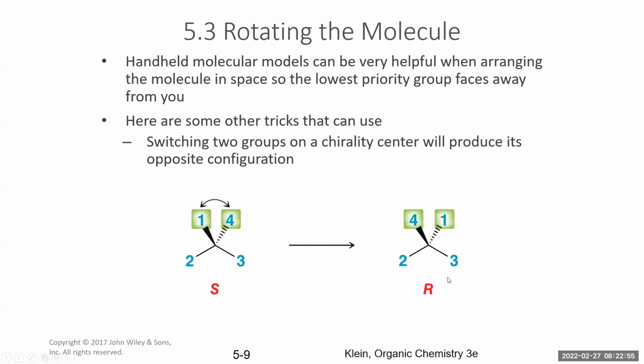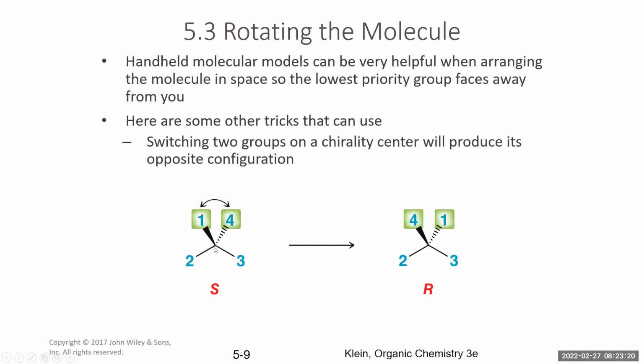So for example, let's say I was given a compound with this configuration where my fourth priority group was coming out at me instead of going back where I want it. I could switch those two groups so that it looks like this. When I do that, I figure out that the fourth priority group is now back. That's great. So I can easily do 1 to 2 to 3 and come up with counterclockwise in S.